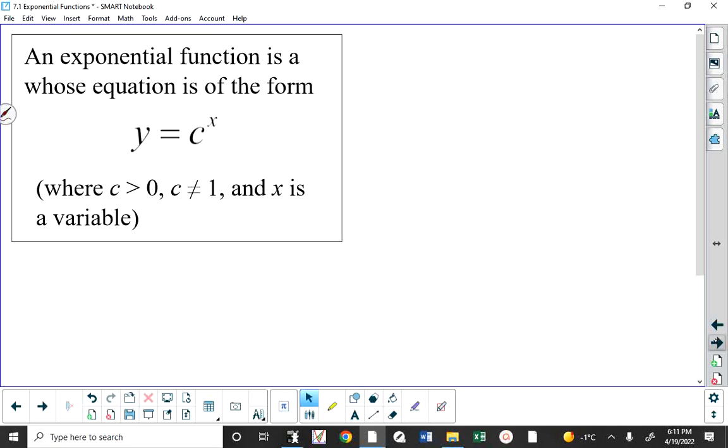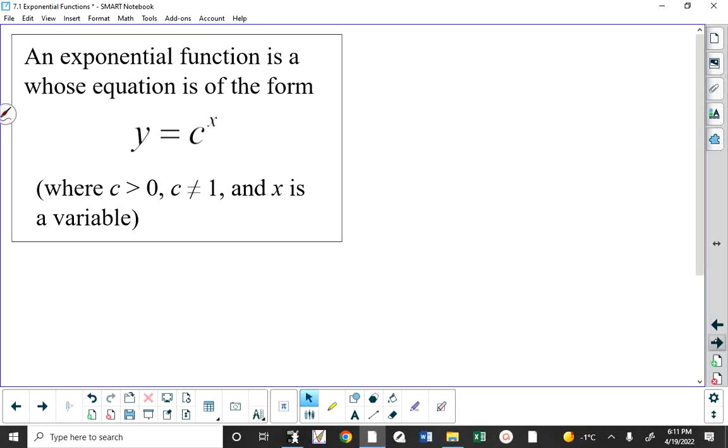You're given a statement here about what c is, and there's a lot going on here. It says c is greater than 0. So the base of this exponential function has to be a positive number. It cannot be 0 and it cannot be negative. It needs to be greater than 0, except that c cannot be equal to 1.